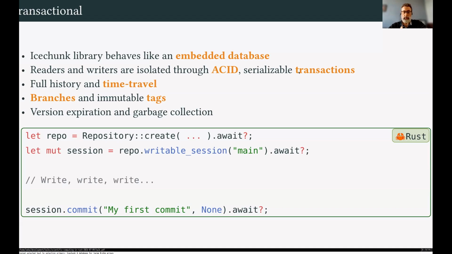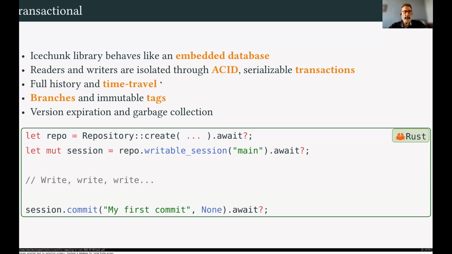As they are doing writes and reads, they don't interfere with each other. So for example, this is an example of how you do a write to Icechunk. You create sessions, you write stuff, but that stuff you write is not visible to others until you make a commit. And when you make a commit, the visibility is atomic, so nobody ever sees partial updates. Only at the end of your update will people be able to see your changes.